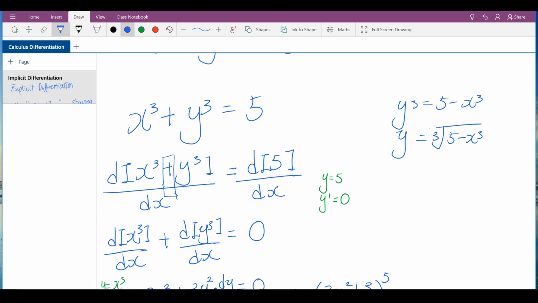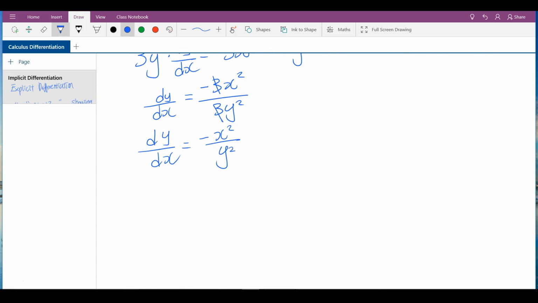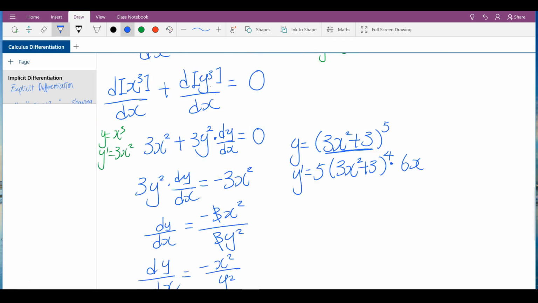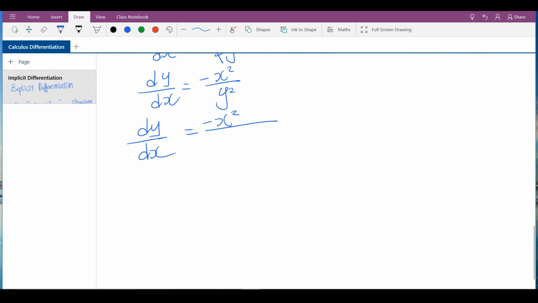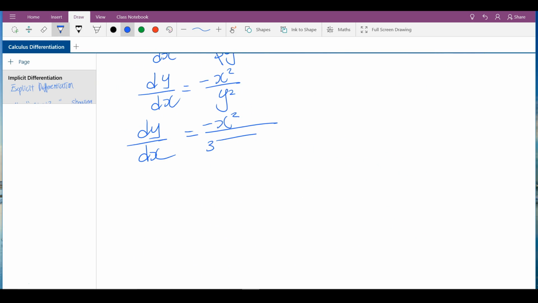So we can literally put this bit back in down there. And y squared is just whatever that is, squared. So that is just the cube root of 5 minus x cubed, squared, because that is the expression for y, and y squared is just that whole thing squared.